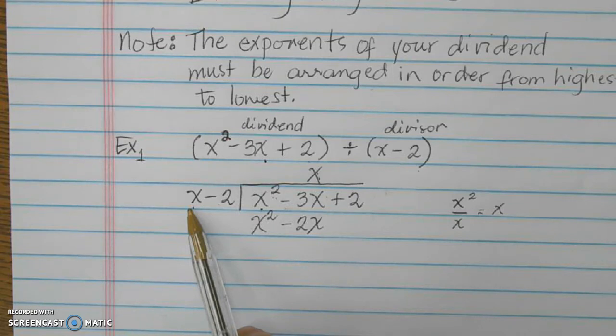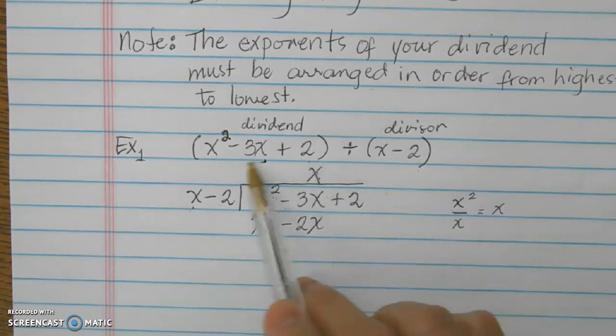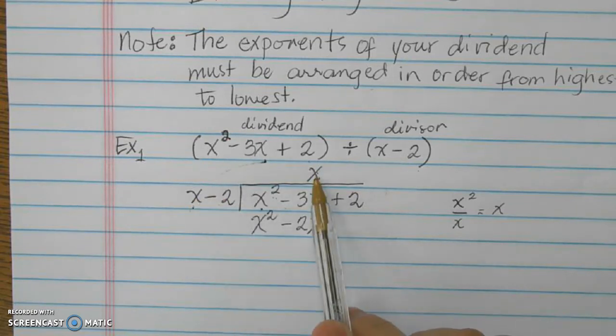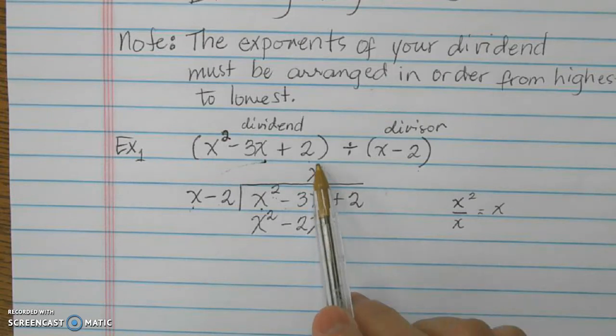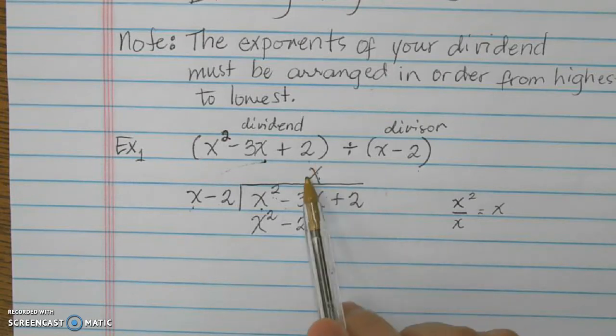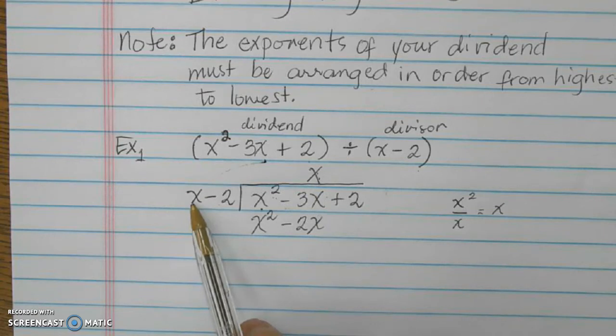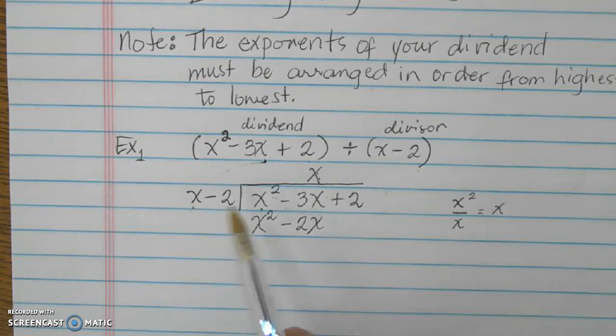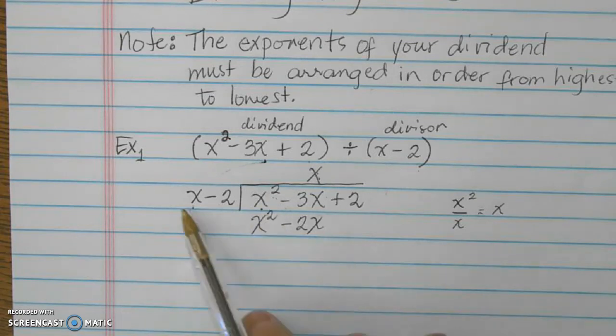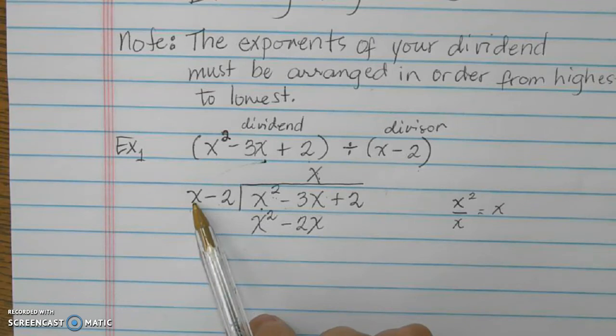That's all you do. On your way down, though, you're going to multiply what you got with the first term of the divisor and including the second term, which is why we got this. Remember, on your way up, it's just this, and on your way down, it has to be both of them.